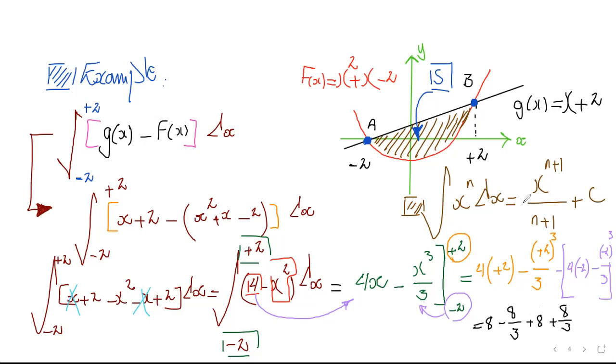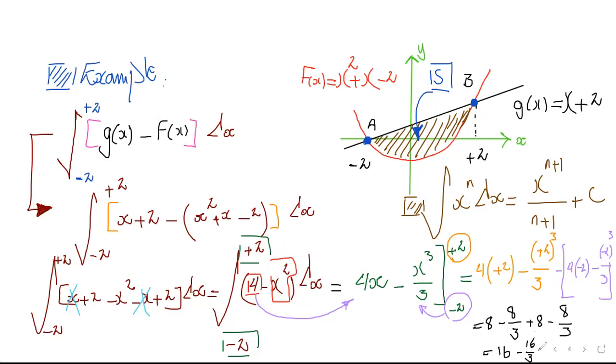Oh, yes, I was saying that it's going to be very easy. Thanks for correcting me. It becomes minus 8 over 3, minus 8 divided by 3. Minus becomes plus, then it's minus over there. Then it becomes, at the end, 16 minus, then we get 16 over 3.